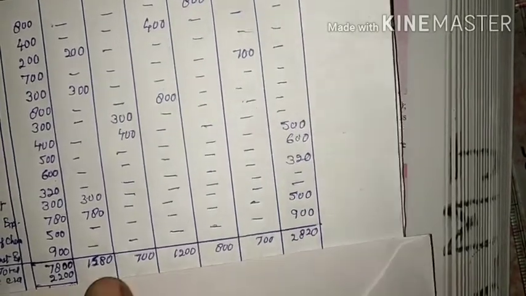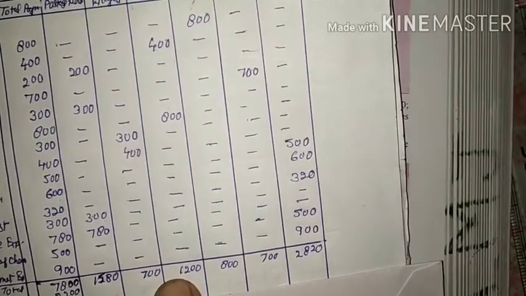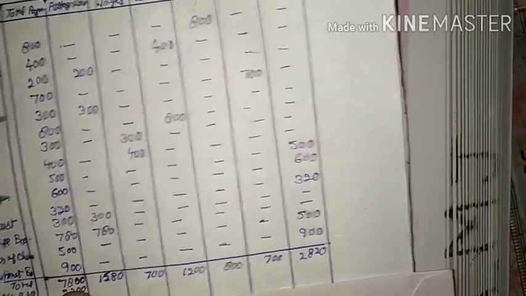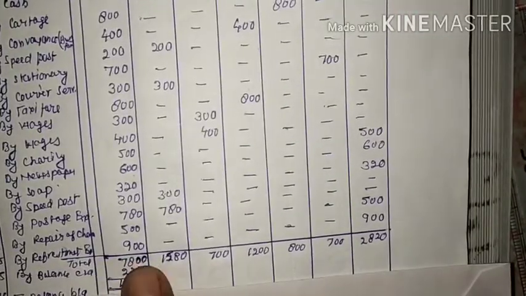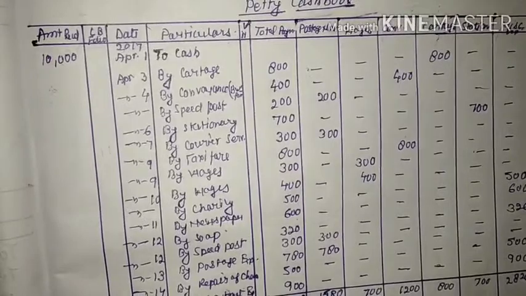If we add up postage, wages, conveyance, cartage, stationery and miscellaneous, the total will be 7,800.